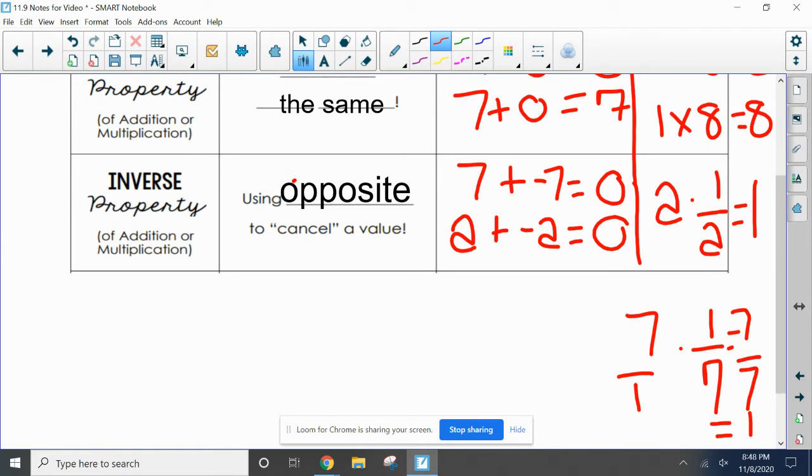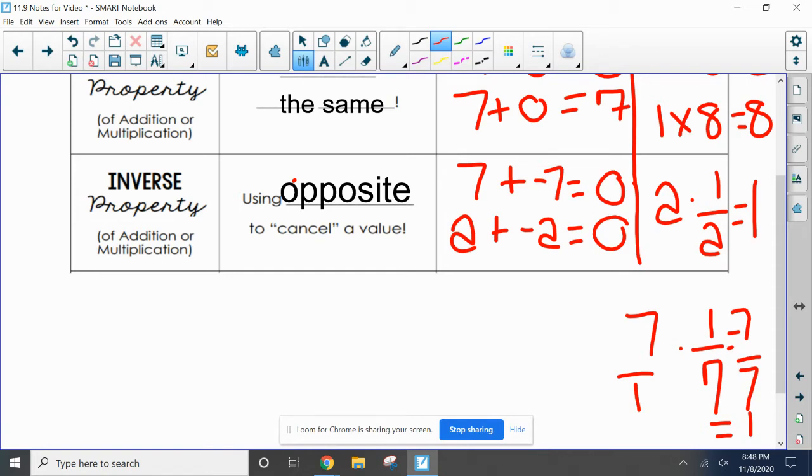So that's our inverse property. It states that a positive and a negative of the same number added together cancel out to 0, and a number times 1 over the same number gives you 1. In our example, 7 over 1 times 1 over 7 equals 7 over 7, and 7 over 7 just simplifies to 1.